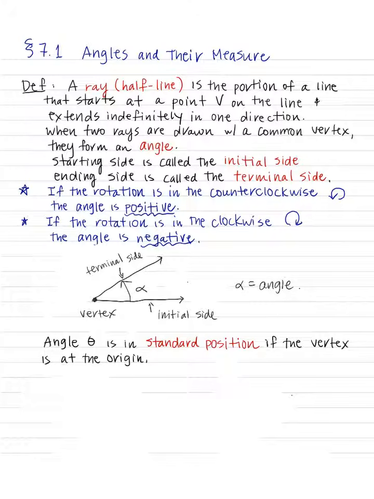Okay, so let me just show you which angle is going to be positive and which angle is going to be negative. So suppose this is the origin, and suppose this is the initial side, and over here is the terminal side.